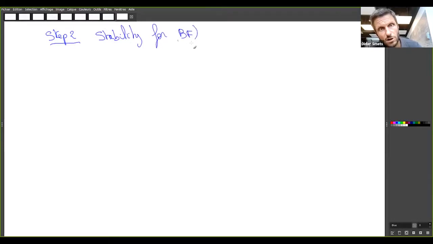Stability in low regularity. So I'm going to consider a smooth curve, an arbitrary smooth curve for the moment, gamma. And I'm going to consider then a second curve, maybe much rougher than gamma, but close to it.